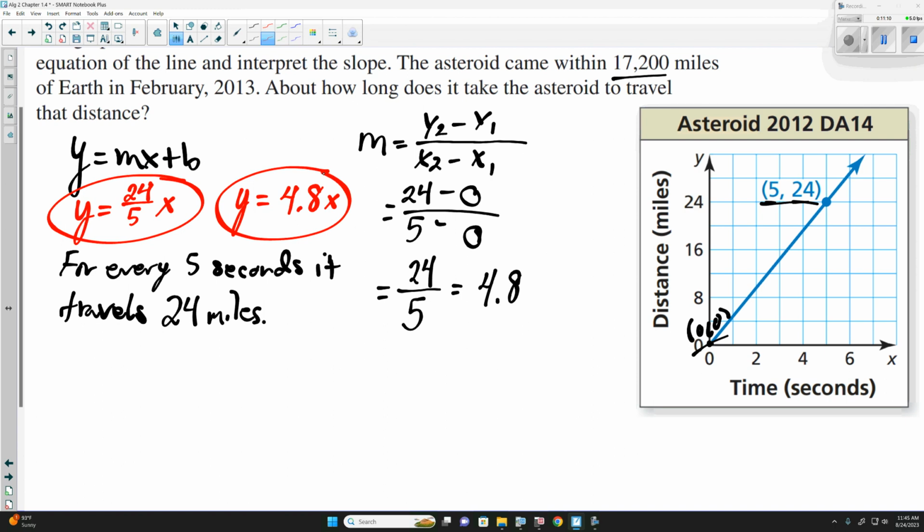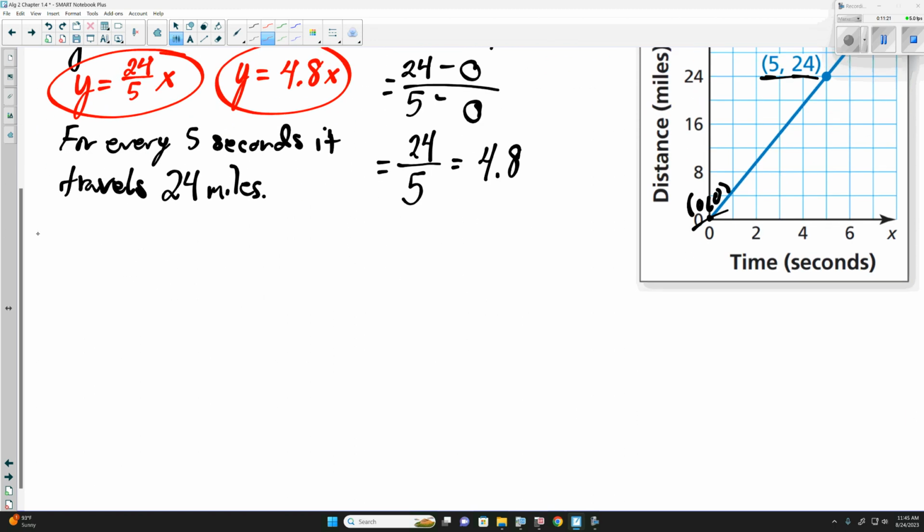All right. Now the last part it asks for is how long did it take for it to travel 17,200 miles? Now looking at the equation, x or y, which one is going to be our distance? It is y. Why?